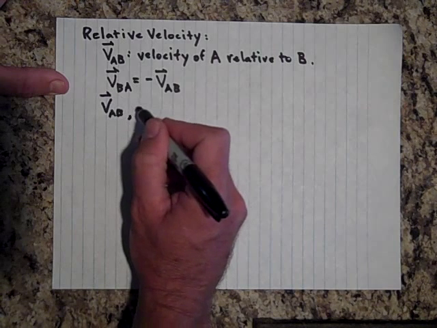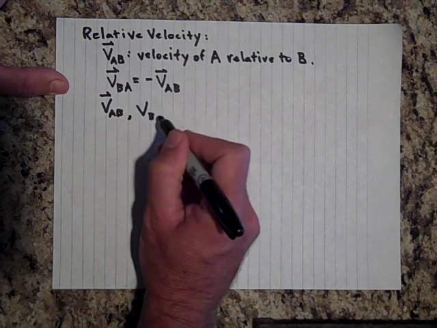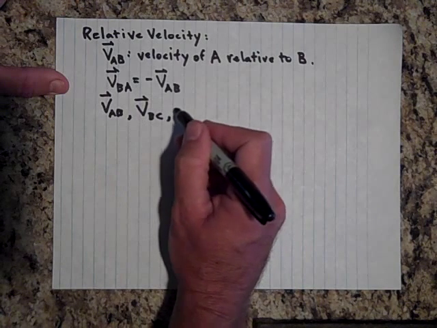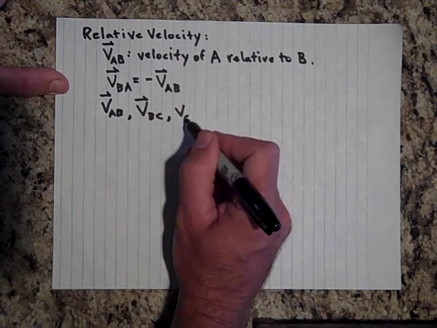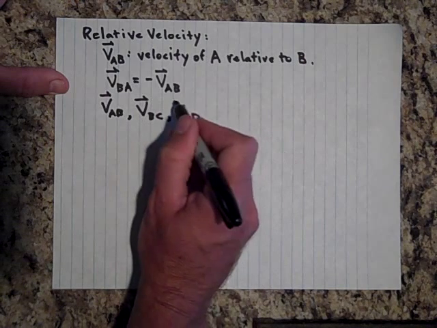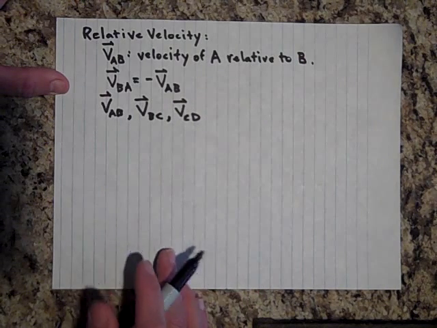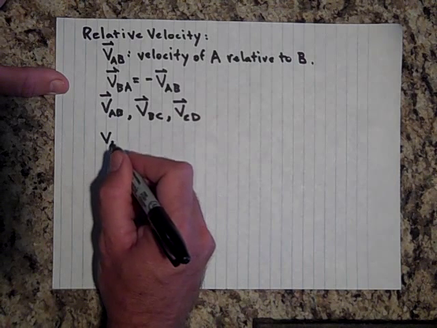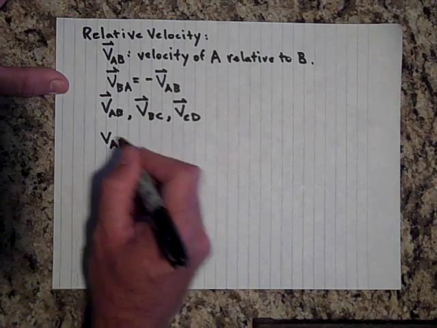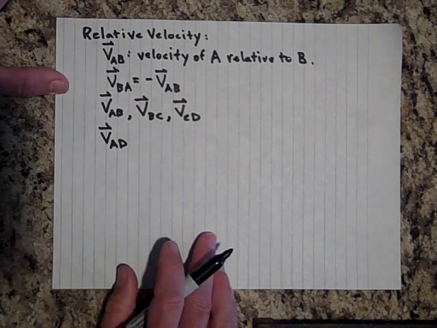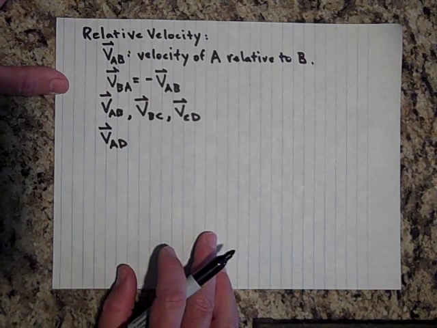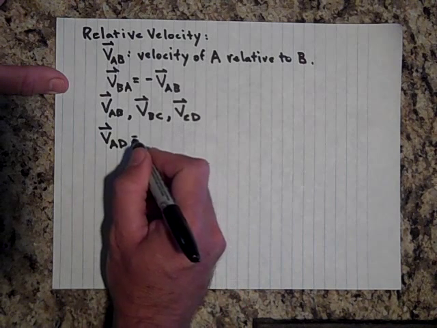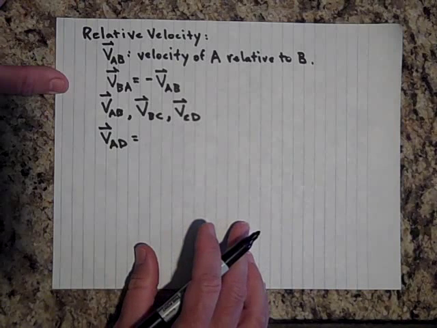But you also know the velocity of B with respect to C. And you also know the velocity of C with respect to D. Well, it turns out that to get the velocity of A with respect to D, you just add these vectors up. Remember, they're vectors, so you've got to add them like you add vectors.